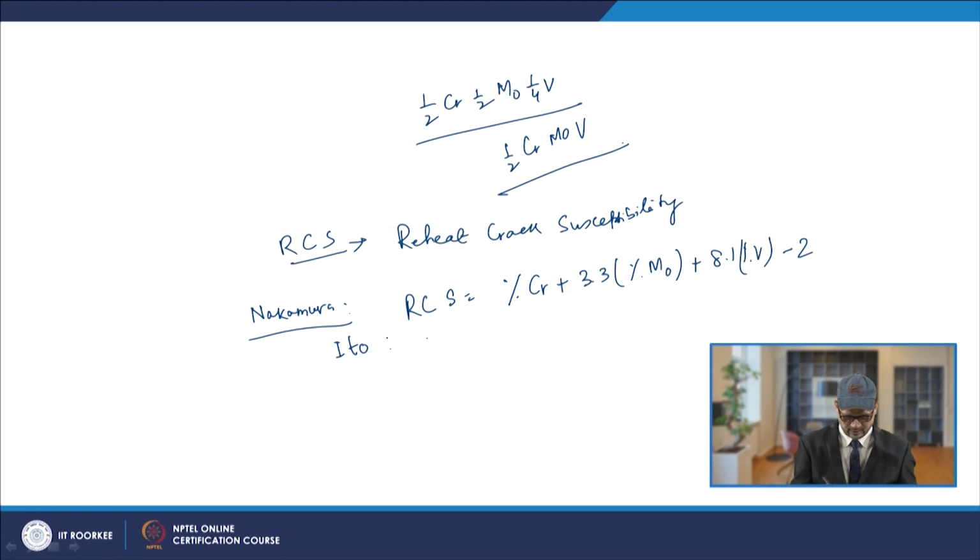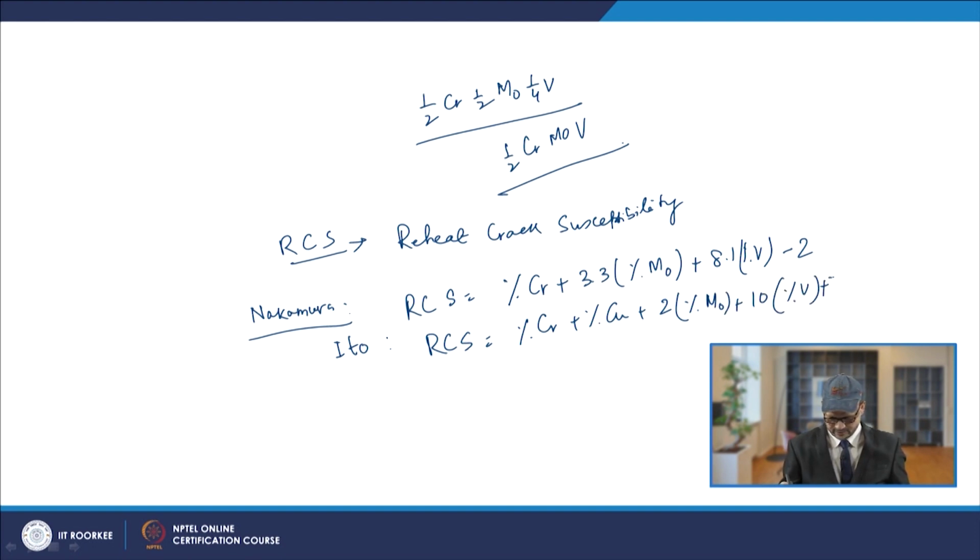Using Ito's relation, RCS is percentage chromium plus percentage copper plus 2% molybdenum plus 10% vanadium plus 7% niobium plus 5% titanium, and then minus 2. If you look at most of the elements which are used, they are the strong carbide formers.